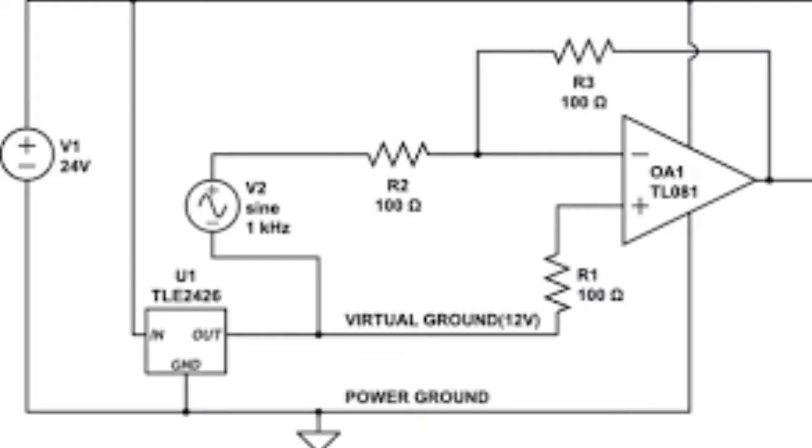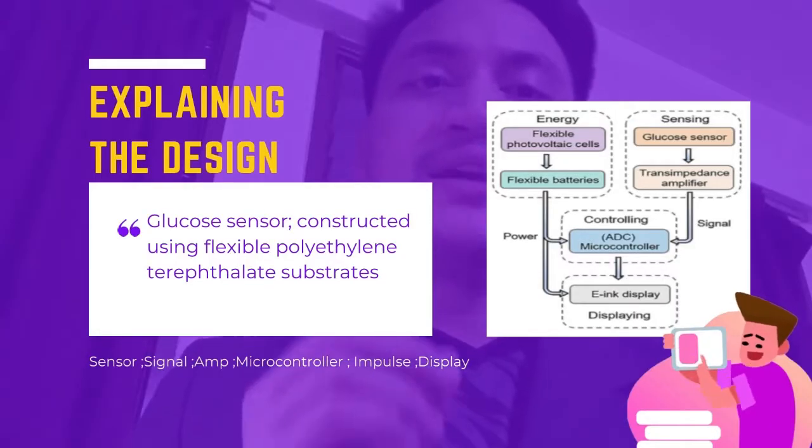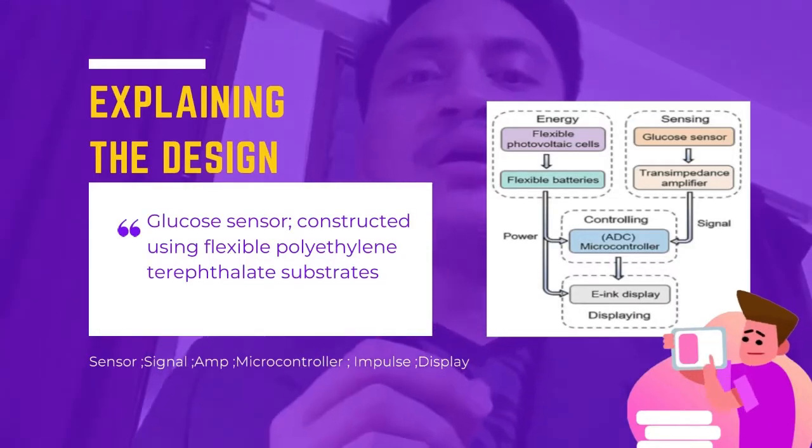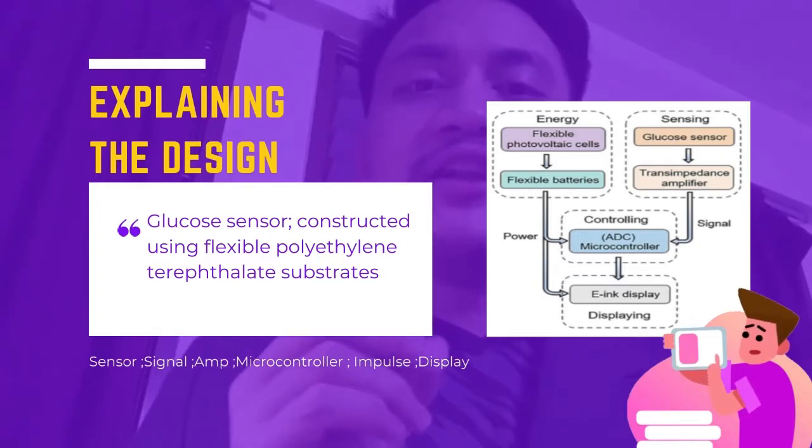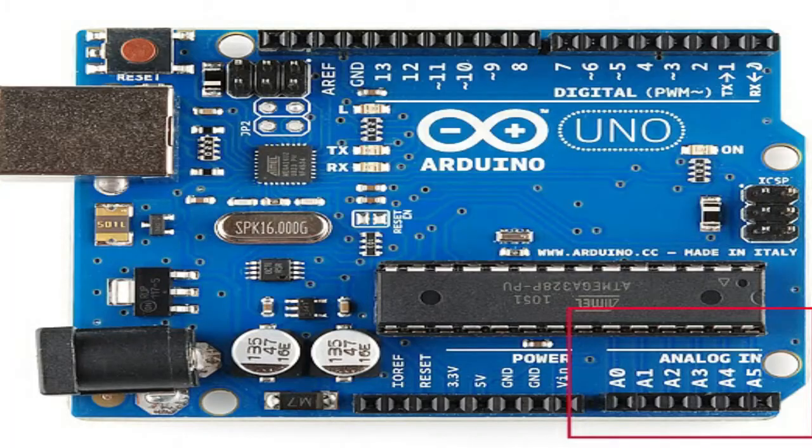The signal conditioning loop uses TLE2426 virtual ground to generate a reference voltage level for differential pulse voltammetry. The LTC6079 amp was combined with a resistor to form a transimpedance amp capable of converting the sensor's current to a voltage signal, which was then fed into an ATmega328P microcontroller's analog to digital converter.